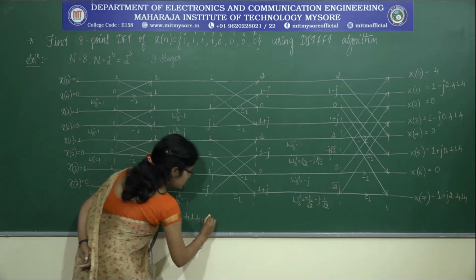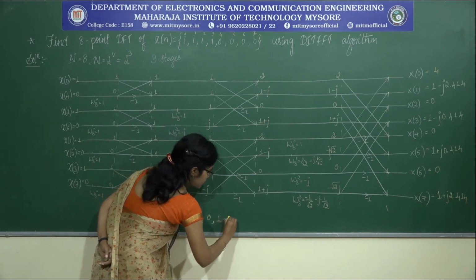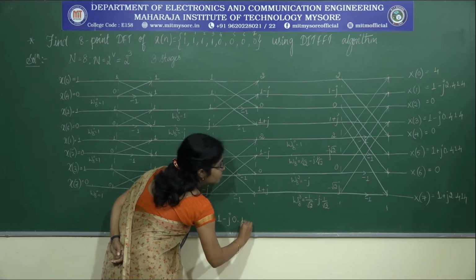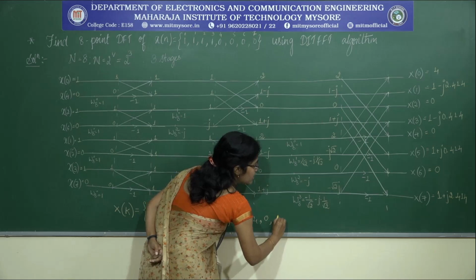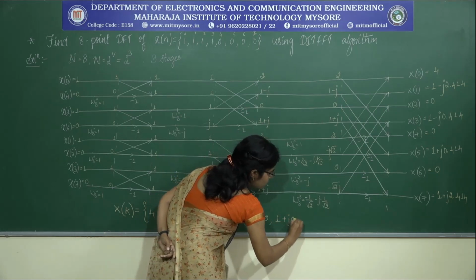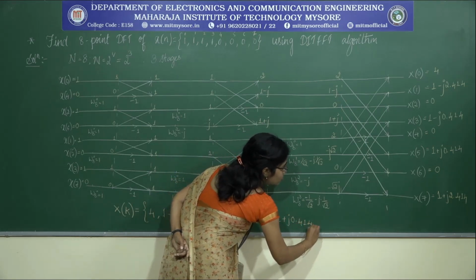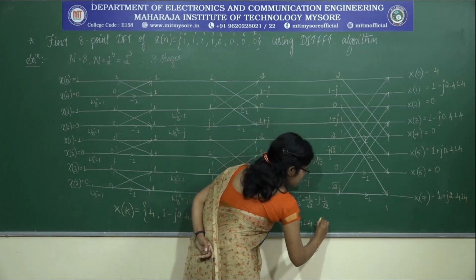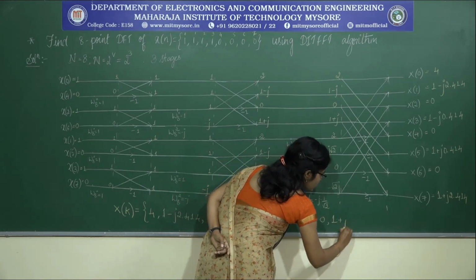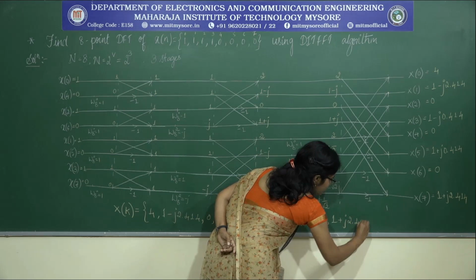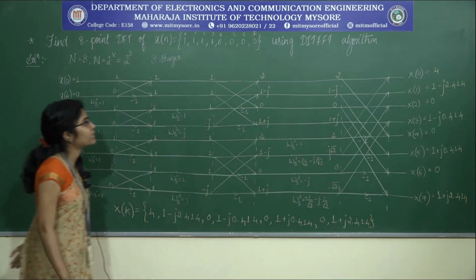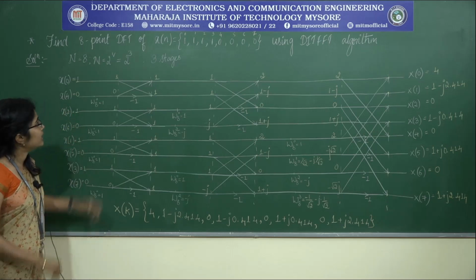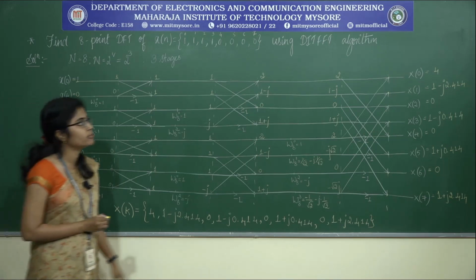So, x of 2 is 0, x of 3 is 1 minus j 0.414, x of 4 is 0, x of 5 is 1 plus j 0.414, x of 6 is 0, x of 7 is 1 plus j 2.414. So, this is how we can find out the DFT for any given sequence with the help of DIT FFT algorithm.